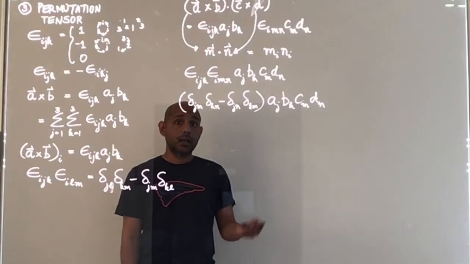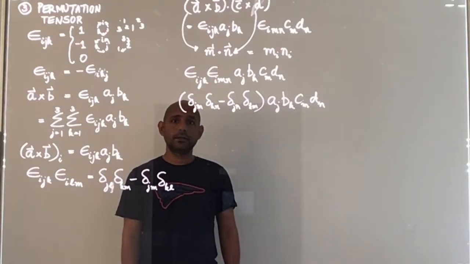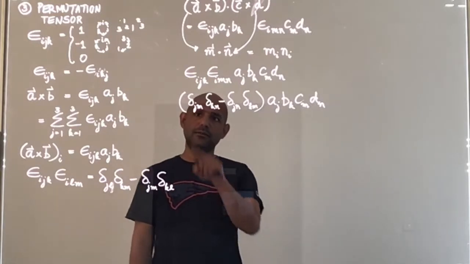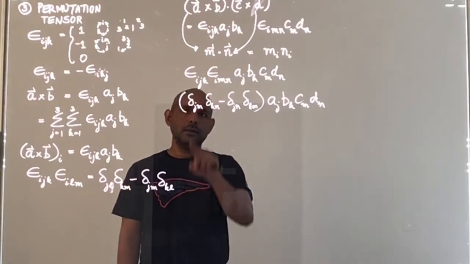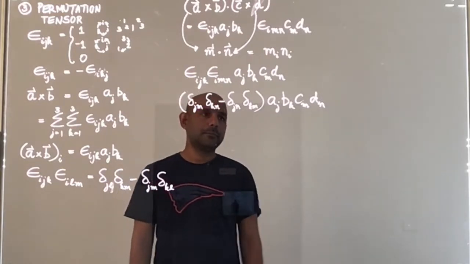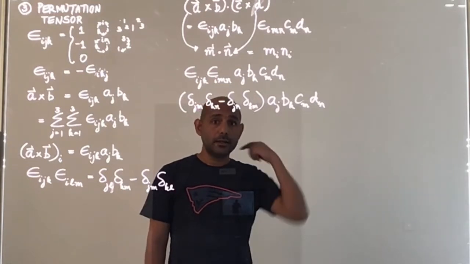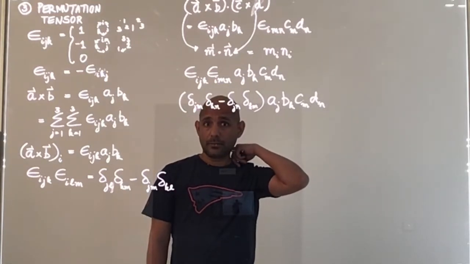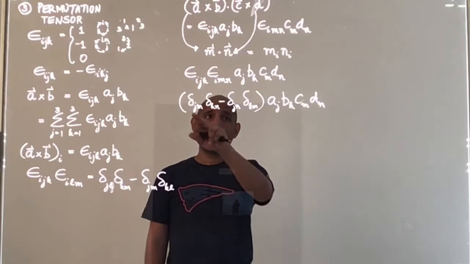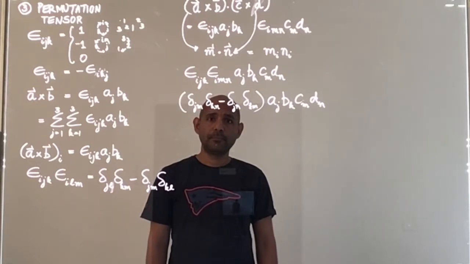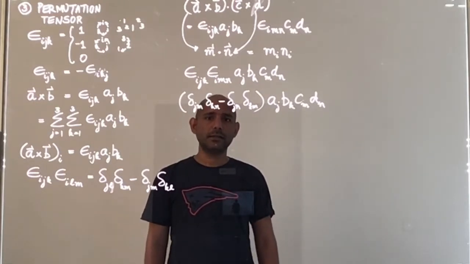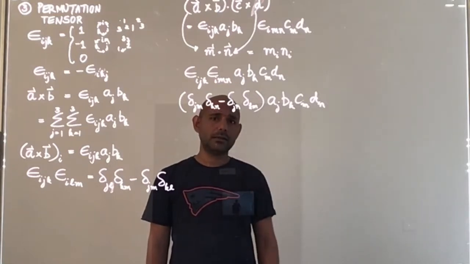We now appeal to the generosity, if you like, of deltas. Delta Jn Aj. Remember, delta, whenever it sees a common index with its neighbor, it happily sacrifices itself and gives its free index to the neighbor.